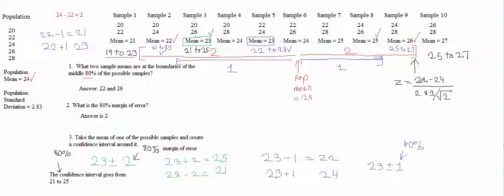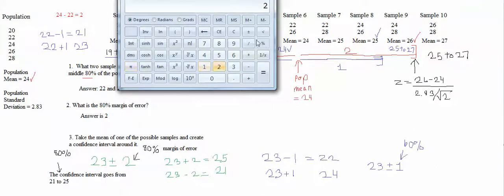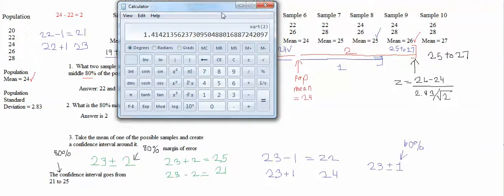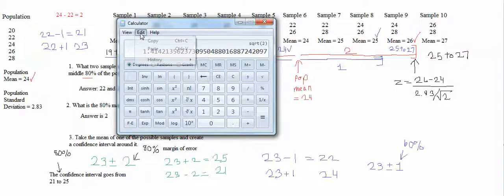If you take this, well, first let's find out what this z-score actually is. The square root of 2 is 1.41. If I divide 2.83 by 1.41, I get 2.